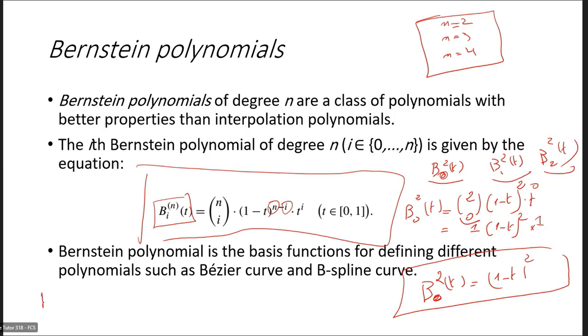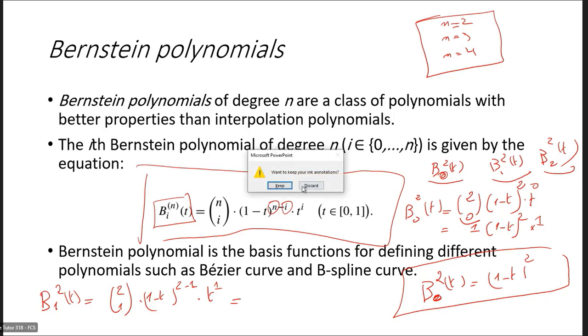So let's calculate B1,2 of t. Same thing here. We have 2 choose 1, and we multiply by (1 minus t) to the power of 2 minus 1, and by t to the power of 1. Here 2 choose 1 has the value 2.